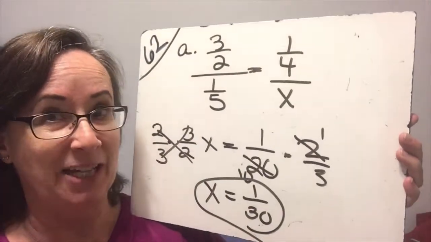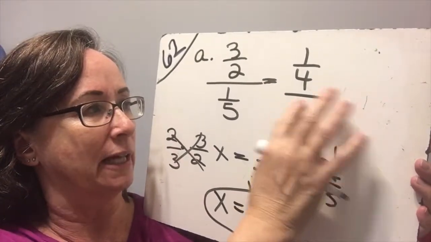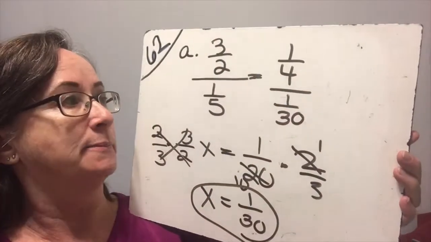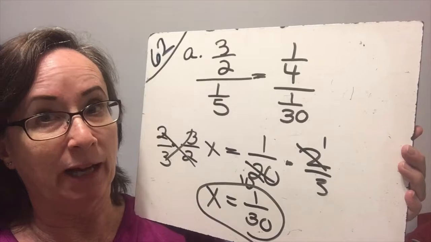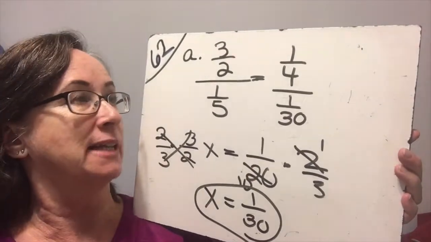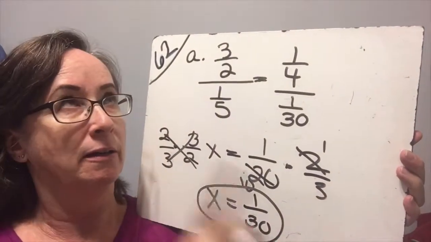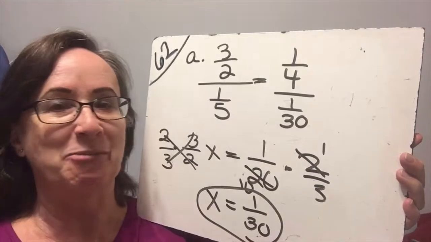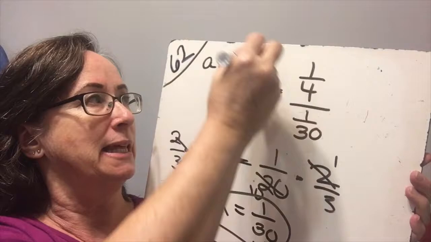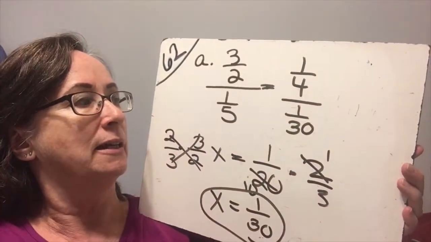So let's check it and see if 1 over 30 is correct. We can check it by cross multiplying, or we can check it by simplifying the fractions as they are. Since we did simplifying last time, we'll do cross multiplying this time. So when I multiply this times this, the 3 on the top and the 30 on the bottom will cancel.